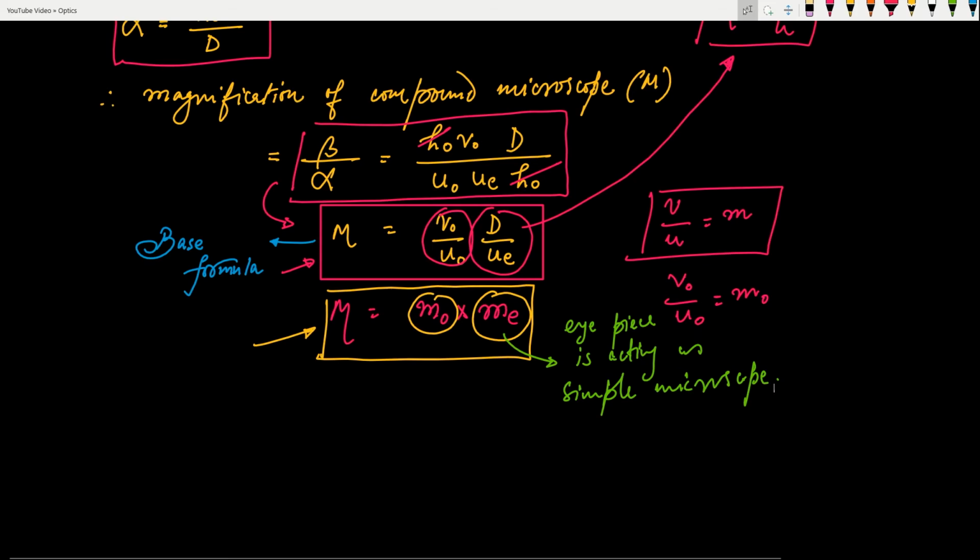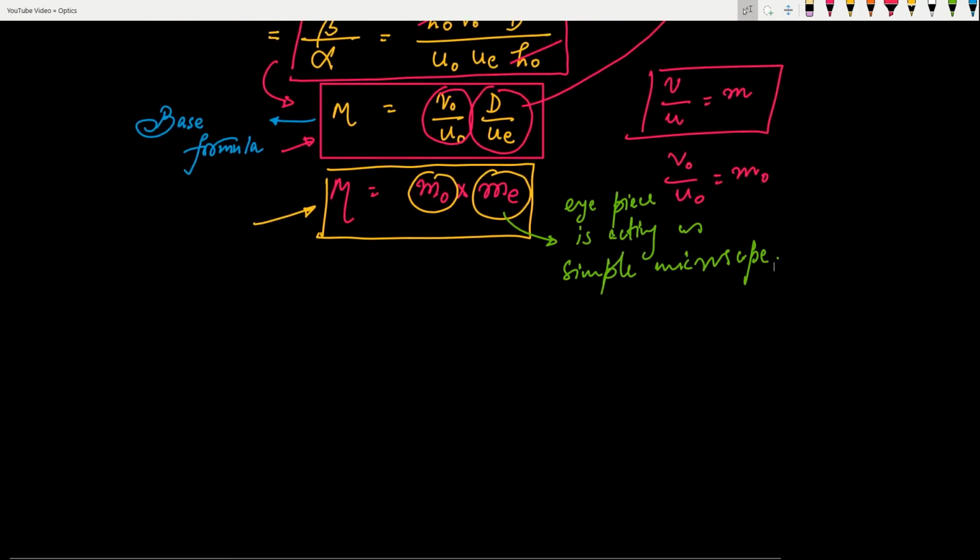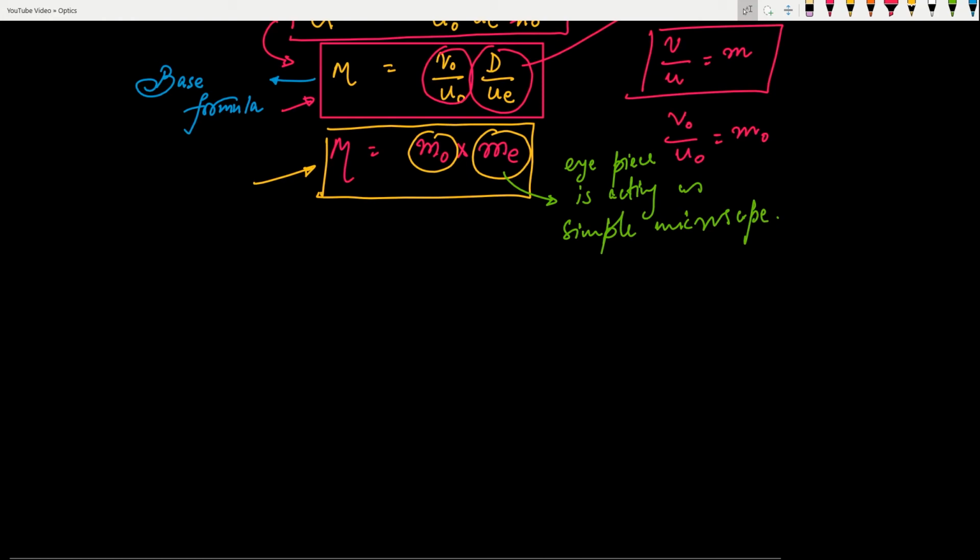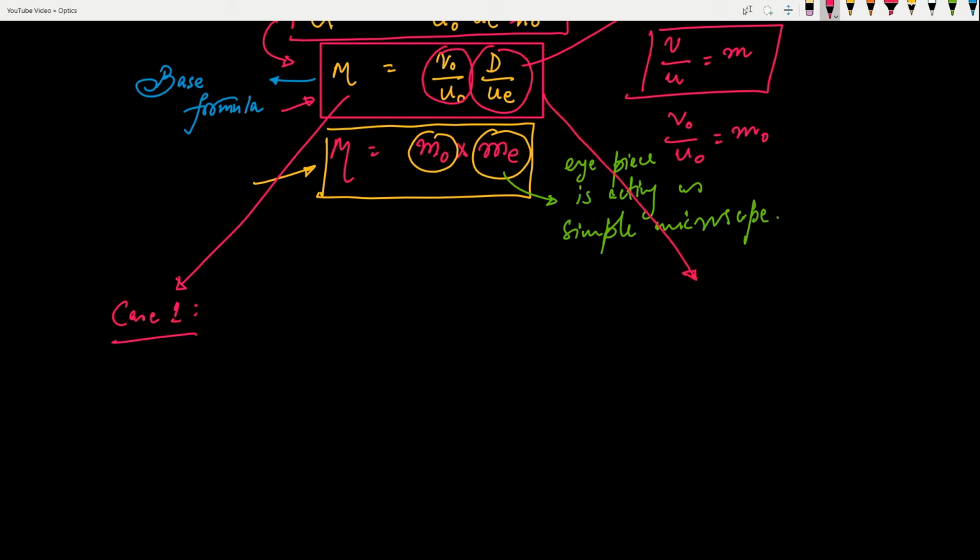We have already studied the simple microscope and we know that there are two cases for magnification: case 1 is maximum magnification, and case 2 is normal magnification.